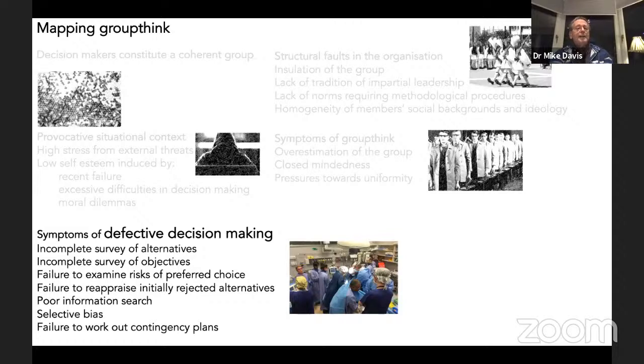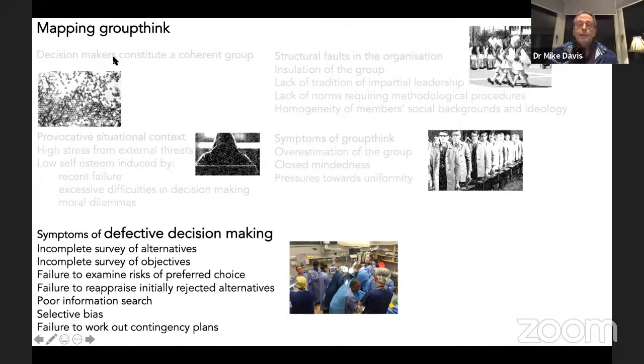There's a failure to examine risks, a failure to reappraise alternatives, related possibly to the notion of not sufficiently exploring what the issues are. So poor information searching, selective bias, cognitive bias, etc., and failure to work out contingencies if and when things do go wrong.